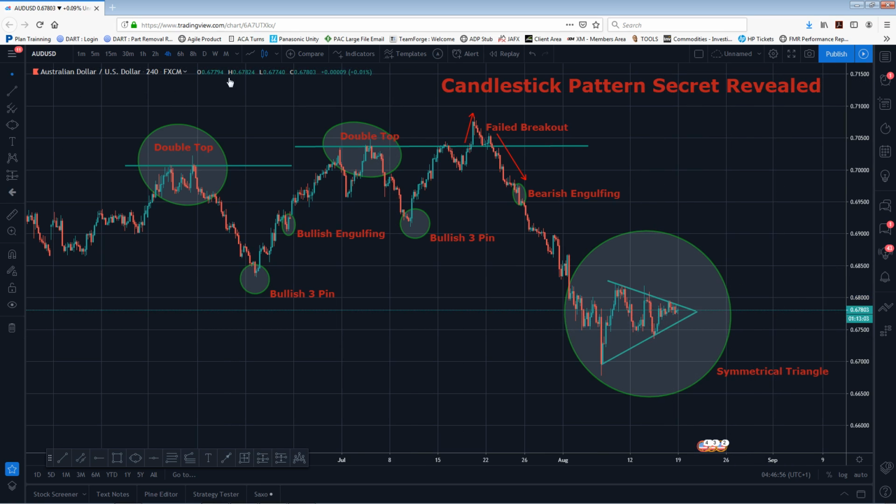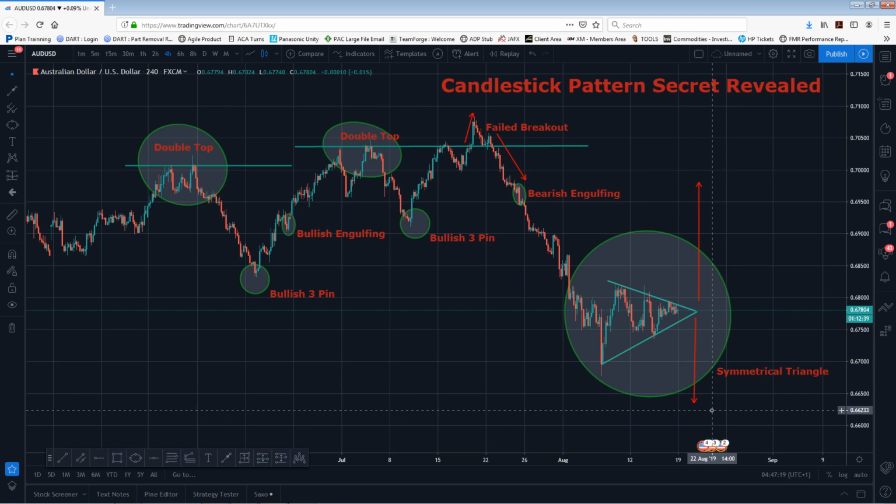What's really interesting now is this pattern, and you'll learn in my cheat sheet, the symmetrical triangle. Price can actually jump up this way, or it'll do the opposite direction. So this is a type of pattern where we wait to see what happens, and then we can join the trend, whether it's going up or down.